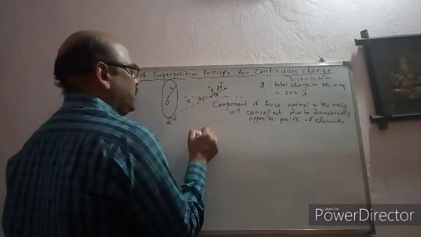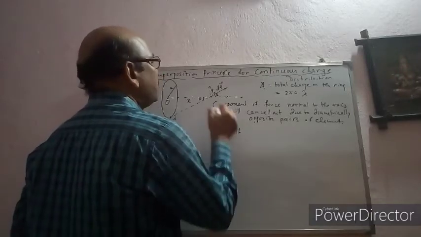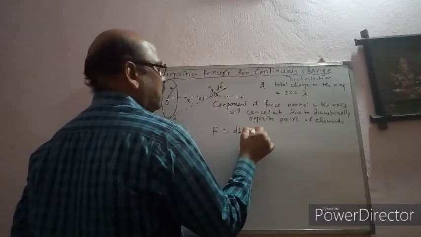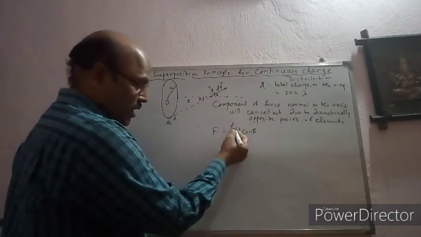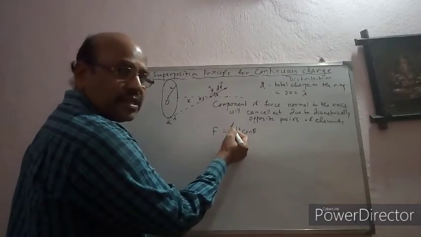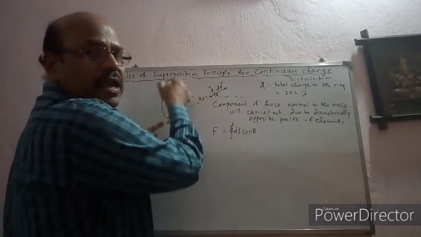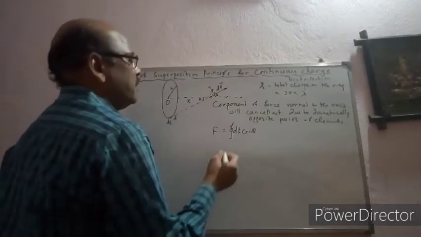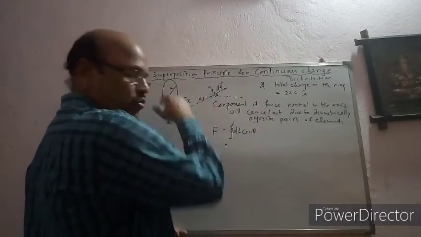Therefore, the resultant force here is nothing but the integration of df cos theta around the ring. The round symbol on the integral represents the total line integral around the closed loop. So df cos theta around the closed loop.